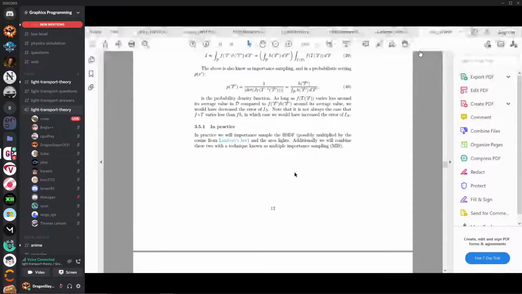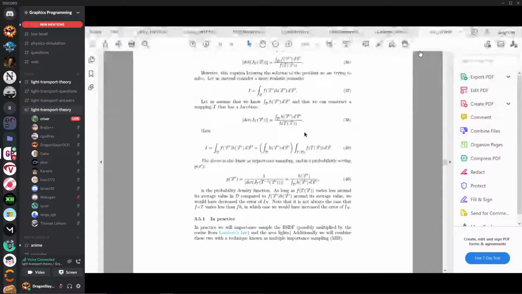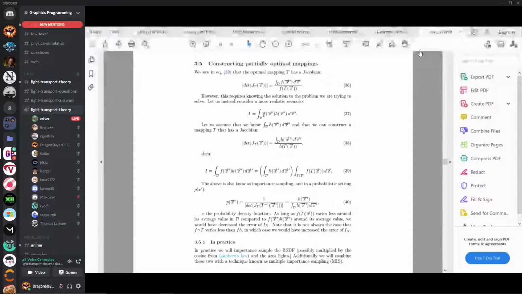Okay, then. I already mentioned the BSDF sampling and area lights, and you may be able to integrate F and integrate H separately, but you may not be able, let's say, to integrate both.